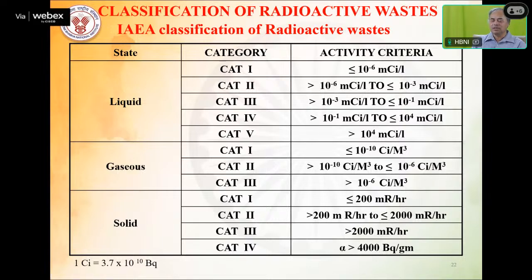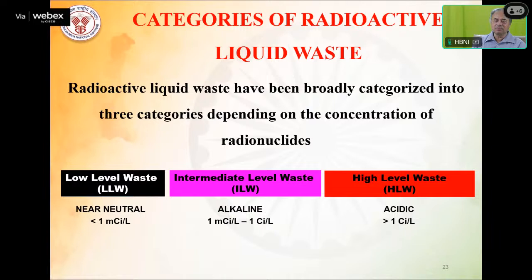That is negligible actually. At the bottom of the table, you will see that another equation is given: 1 curie is equal to 3.7 into 10 to the power 10 becquerel. Curie is the older unit of radioactivity and becquerel is the new accepted unit of radioactivity. But we have a simple formula for you.